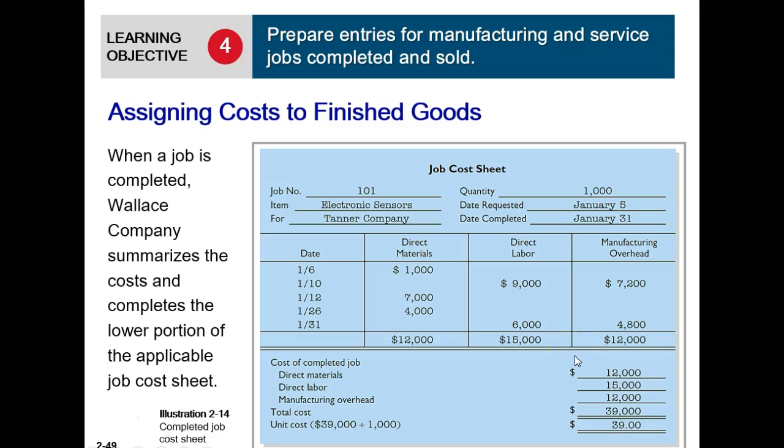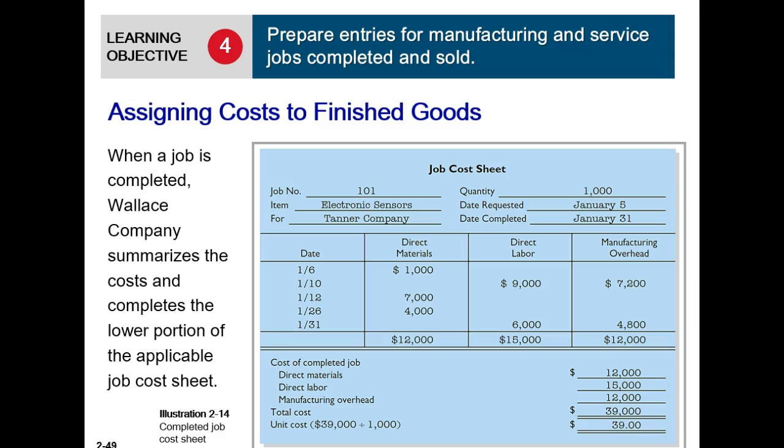So while a job is being worked on, it's in work in process. When the job is done, we're going to take this out of work in process and put it into finished goods.